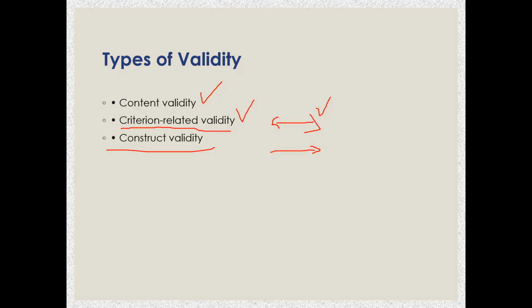For example, if you mention depression, depression is a construct. Remember in chapter 1 we mentioned the three levels. The higher level is called a factor, a circle, right? And the rectangle is called a variable. Do you remember that?